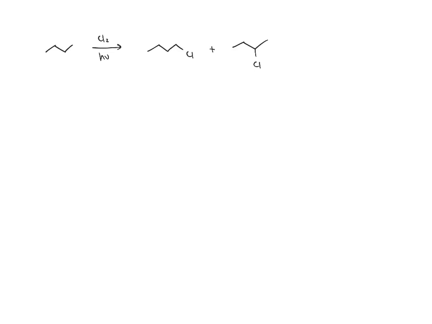Now, what would the ratio of the products look like? Well, this depends on the number of hydrogen atoms at each site. So we have 3 hydrogen atoms here and 3 hydrogen atoms here that could give us this product, whereas we have 2 hydrogen atoms there and 2 hydrogen atoms there that could give us this product. So for the primary carbon, there are 6 hydrogen atoms, but for the secondary carbon, there are 4.